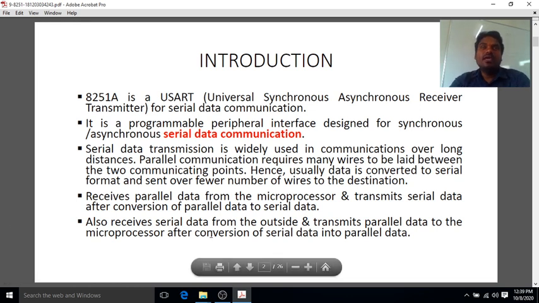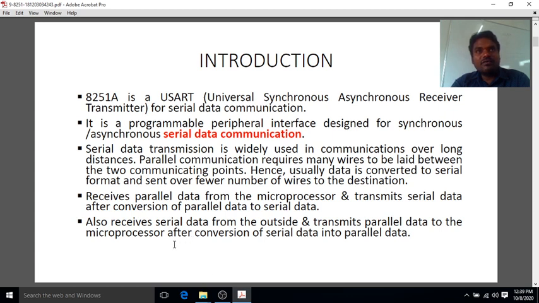For example, in the first case the processor is giving the data to this USRT, which has to convert that parallel data to serial, and that serial data will be connected to the input output port. But in the second case, the input output port wants to communicate with the microprocessor in a serial manner, whereas the processor communicates in a parallel manner, so it converts from serial to parallel data format.